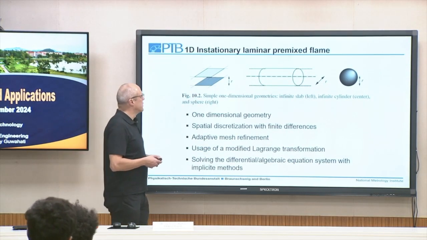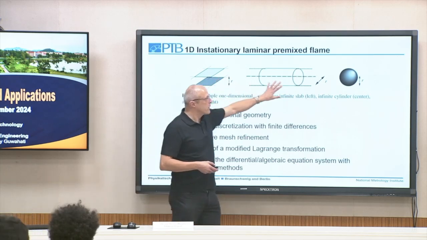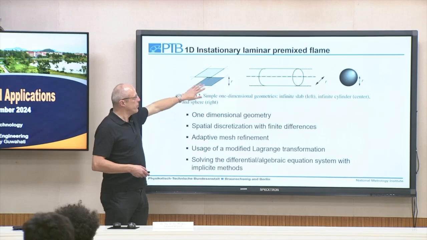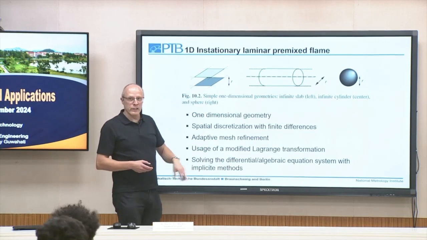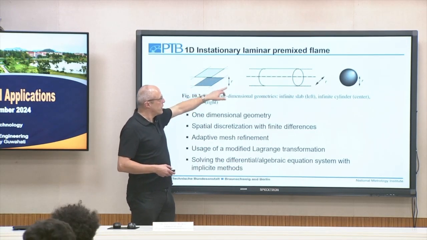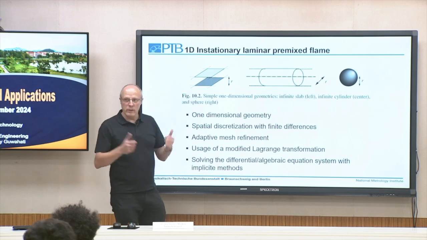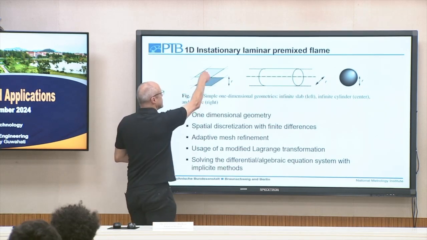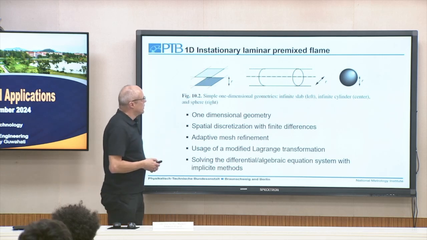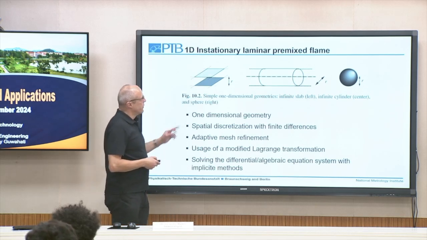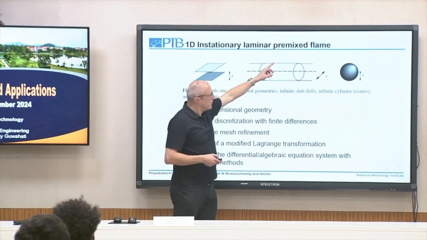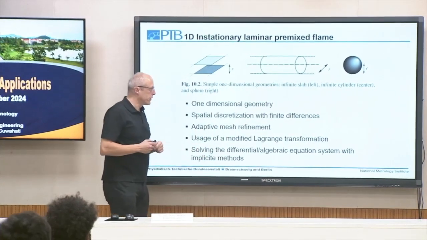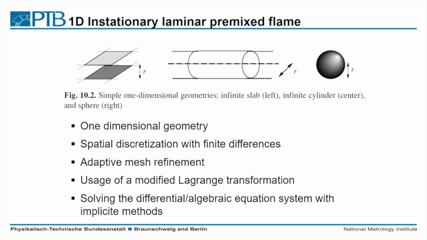1D means when we look at these three different configurations, we can look at a planar flame, and then there are only dependencies in one dimension here. And we again can neglect all other dependencies in the two other dimensions. We can transform this for a cylindrical geometry.